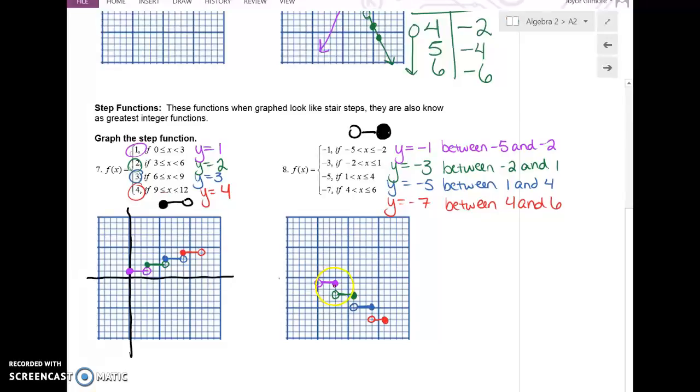So there's that piece of the graph. The next one is the line y equals -3, but only between the x values of -2 to 1. The next one is only between 1 and 4, and the next one is only between 4 and 6. So it's just seeing each little piece of that graph based upon the x values.